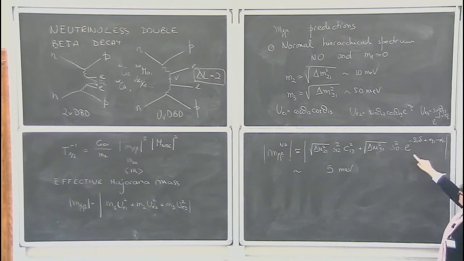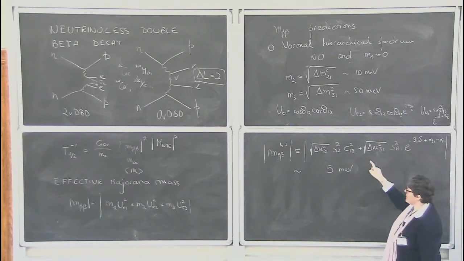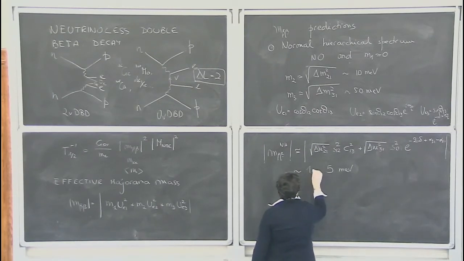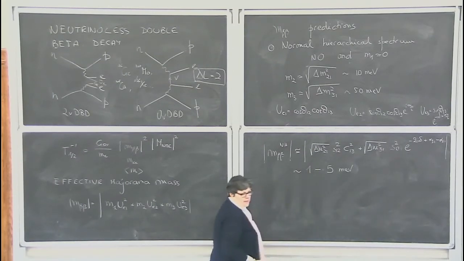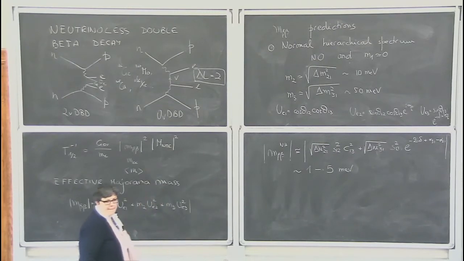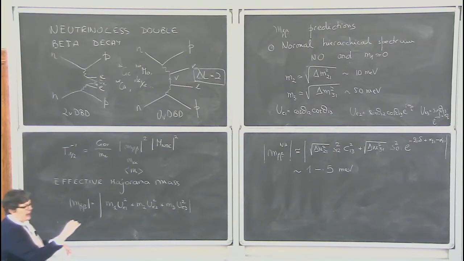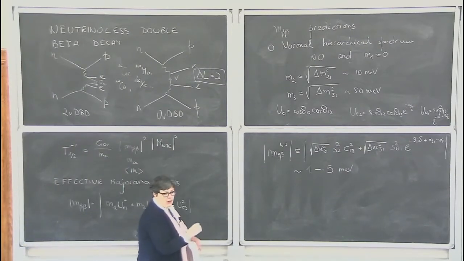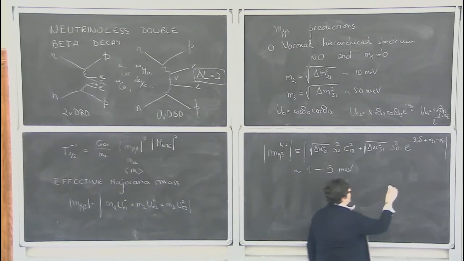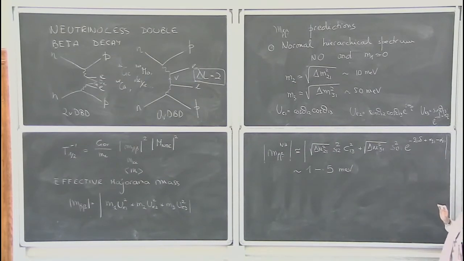So at most, this can give me 1. At worst, this will give me minus 1. So I will get a partial cancellation here, and I will get something which is around 1 millielectron volt. These are the two extreme values, and then the phase can be anywhere in between, and so I will have any value in between if the phase is this kind of phase here, is not 0 or pi.